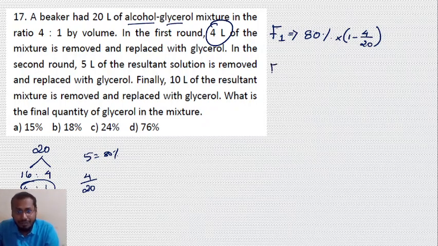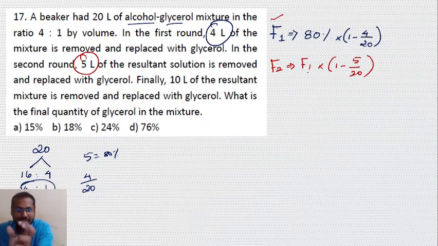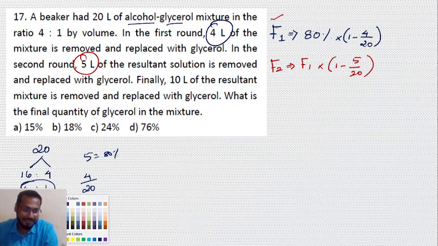Now F2. Let me write it in a different color. What is F2? Now I got one result, F1. From this, how many liters? 5 liters I'm going to take out. So 1 minus, how to write this? 5/20. Out of 20 liters I'm going to take 5 liters from this result F1. Next, F3.